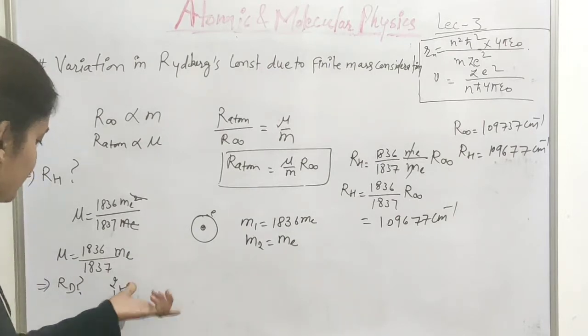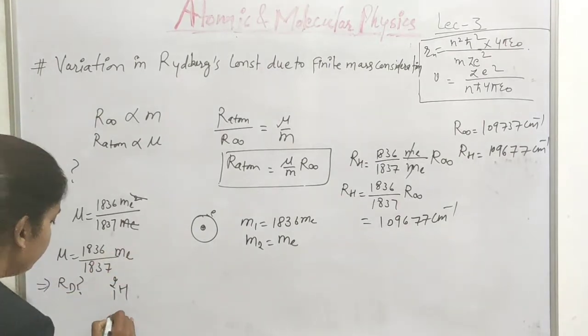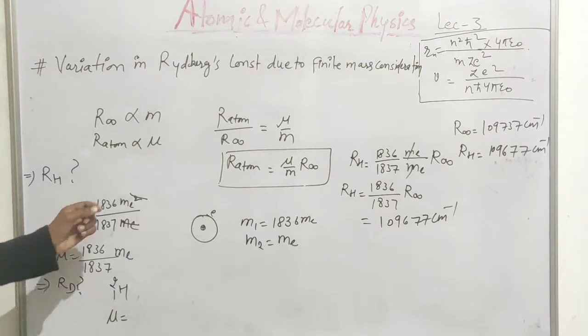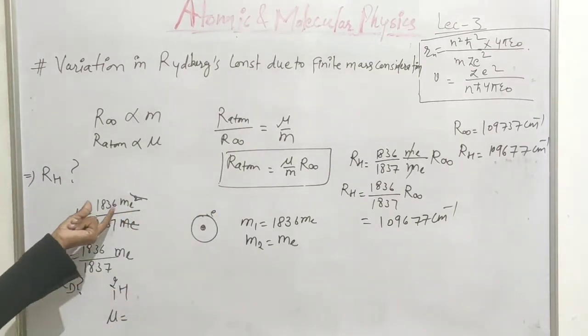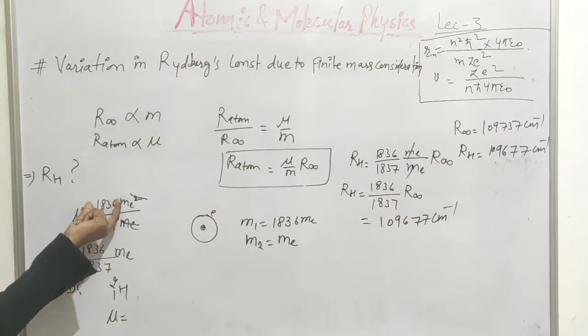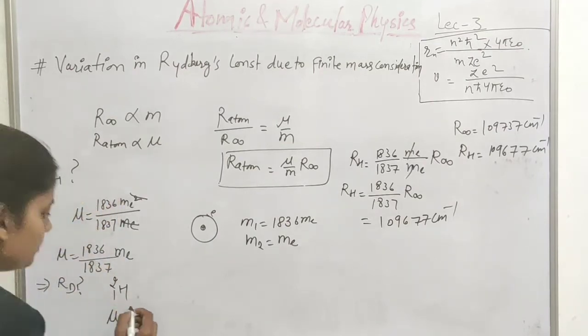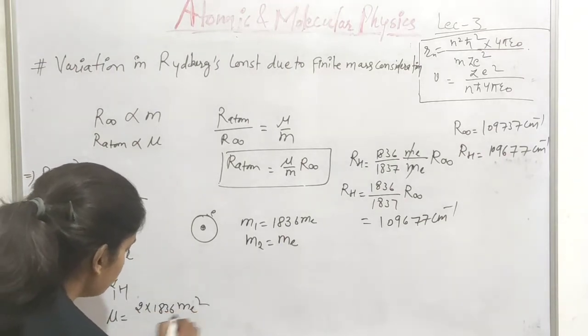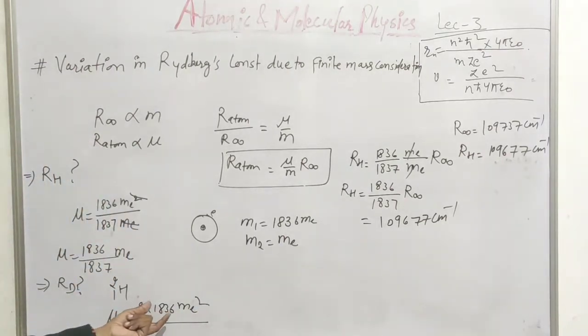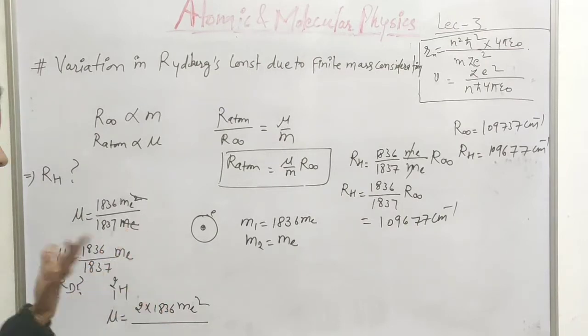So in this case, the reduced mass will get modified. So mu will be the mass of the nucleus into the mass of electron, and the mass of nucleus is twice of this mass. So we can write mu equals 2m into m over twice this mass plus the mass of electron.